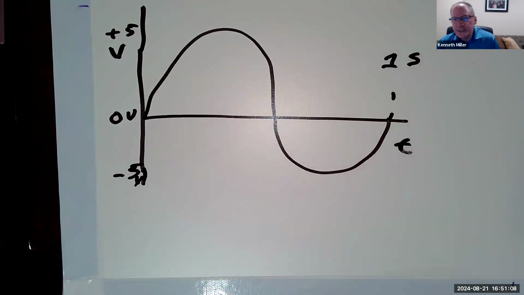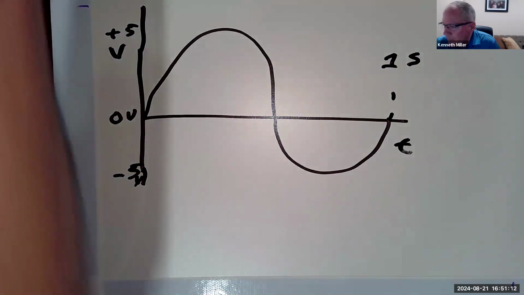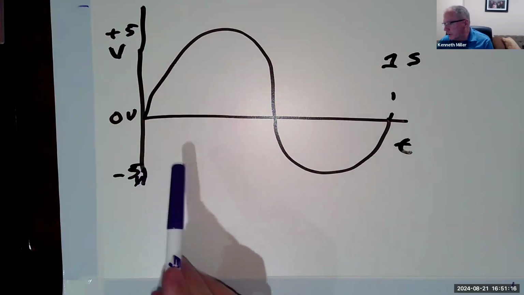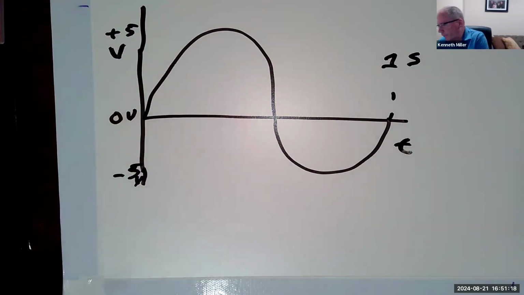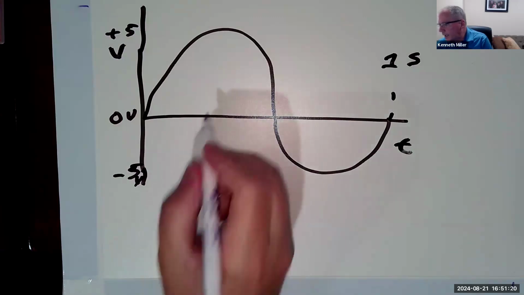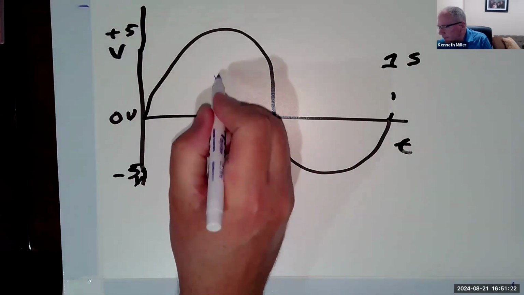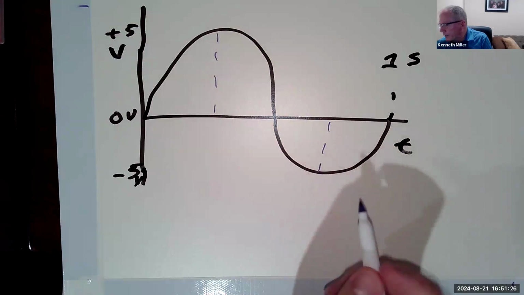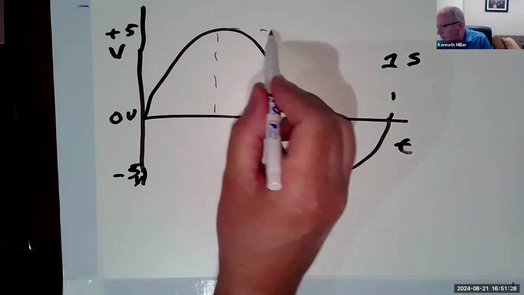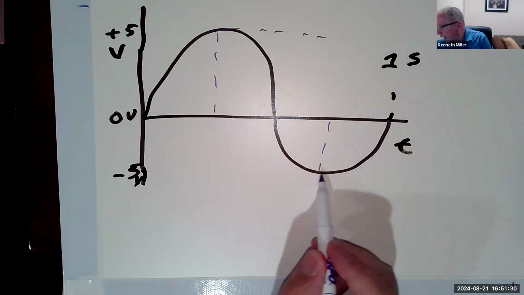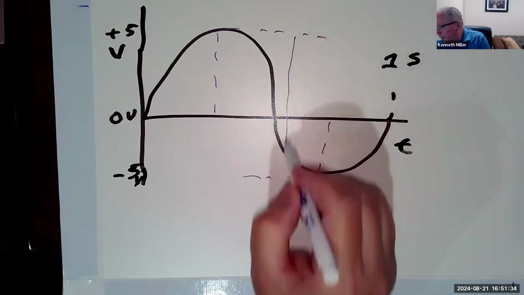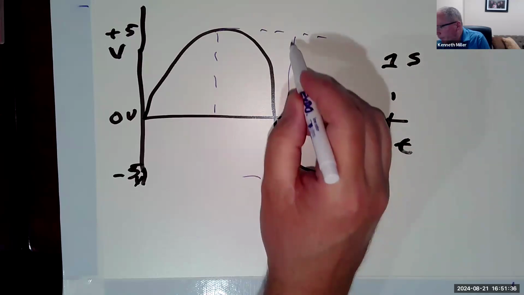So if we were to describe this sine wave, there's a couple of things we would look at. First off, we would want to say, what is its amplitude? The total amplitude is from the highest point to the lowest point, so from here to here.